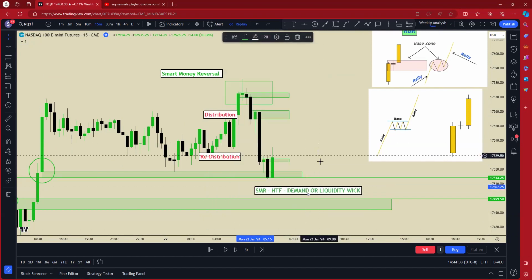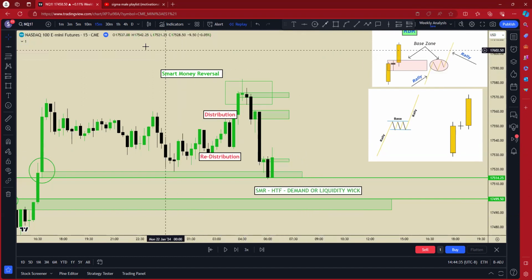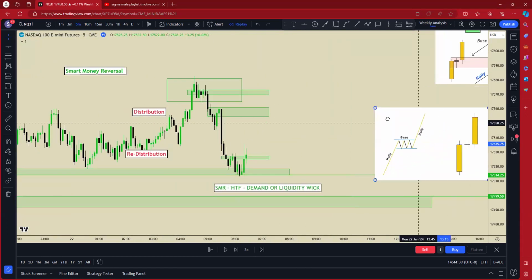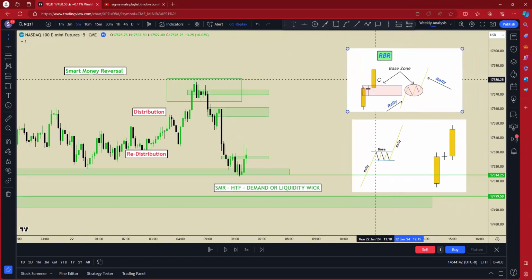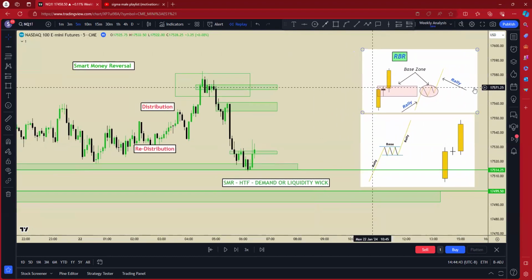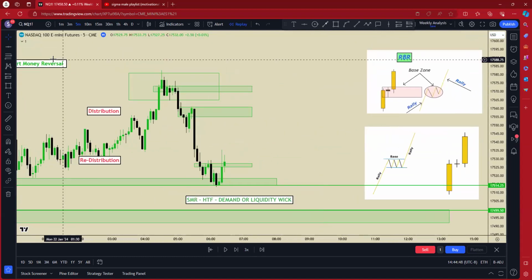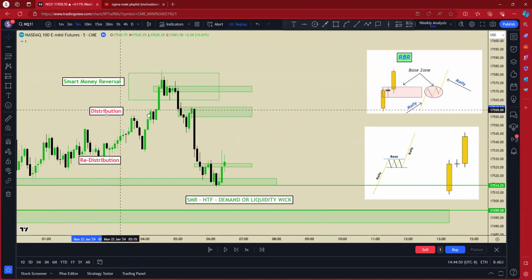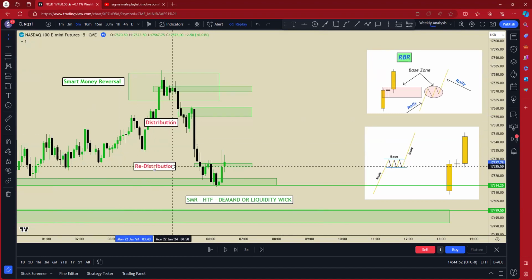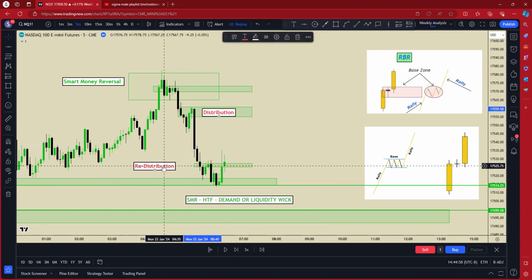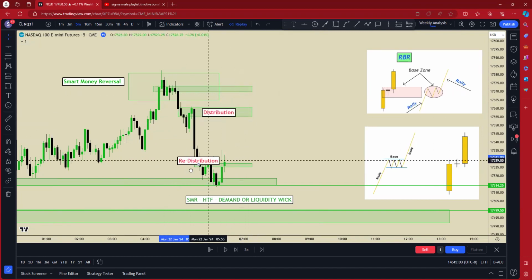Okay, so let's go down to our lower time frames. So if we're on our lower time frames and we're looking for the whole structure on the lower time, like the 5 and 3 and 1, so we can ride the 15 target to target, right? Let's just put this in here for now.